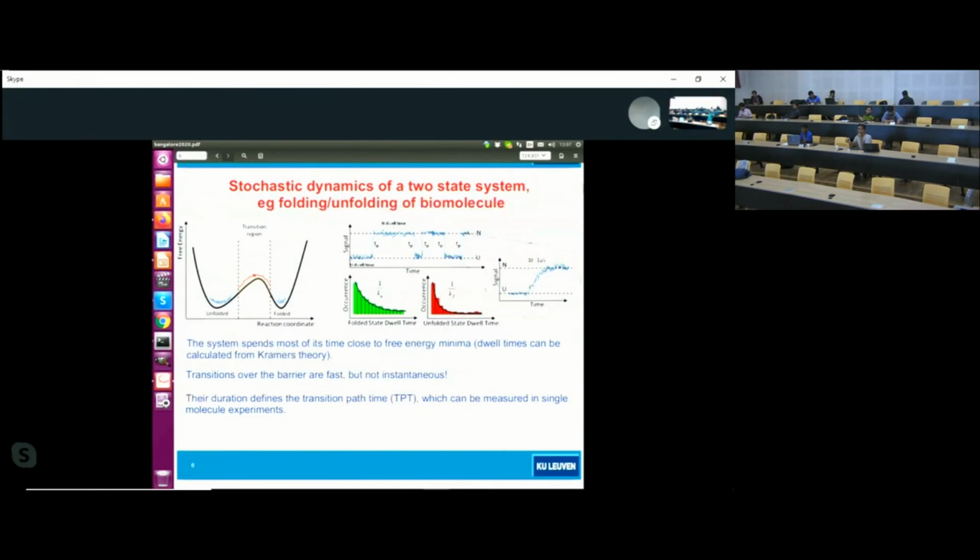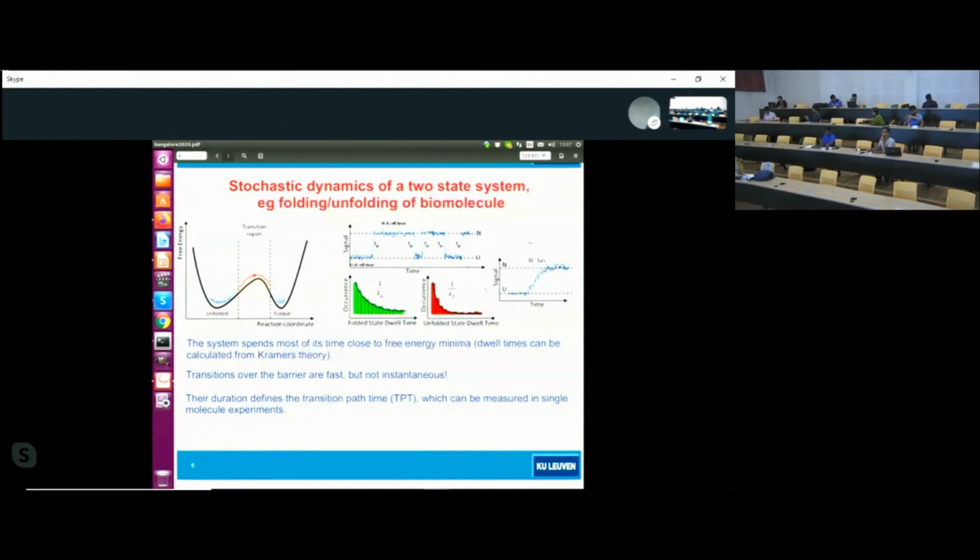Okay, so if you look at the statistics of this signal, you can plot a histogram in time. You record it in time, and you can plot a histogram. Of course, your histogram will be peaked around the two minima. But by the occupation of this reaction coordinate, you can actually plot an energy landscape.